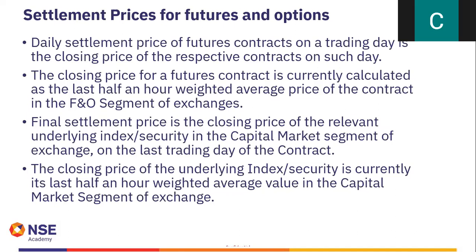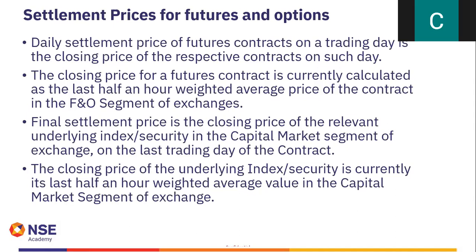Both the prices will not be the same at the beginning of the contract. So there are two different markets called spot market and derivative market. The underlying asset price is different in the spot market and different in the derivative market. So for the daily settlement price, the closing price or the settlement price is the price at the end of the day in the derivative market.